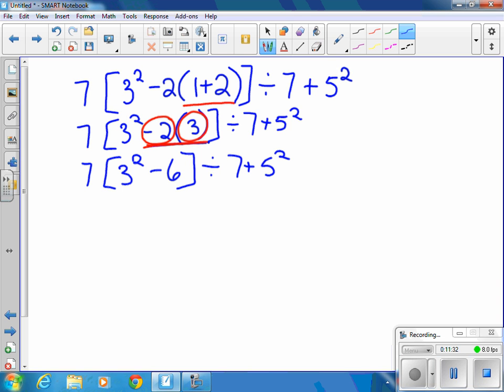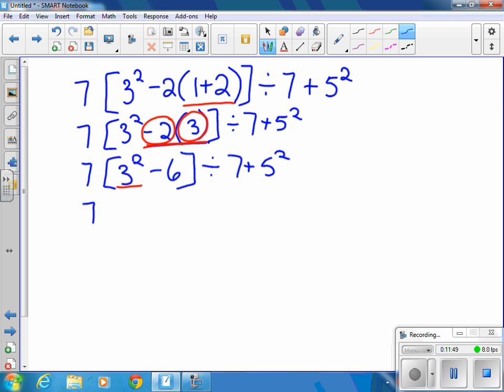Okay, now again, inside of my parentheses or bracket in this case, I need to do the exponents because order of operations still holds true inside of parentheses. So I got to clear it all out according to the order of operations before I can do anything on the outside of that.